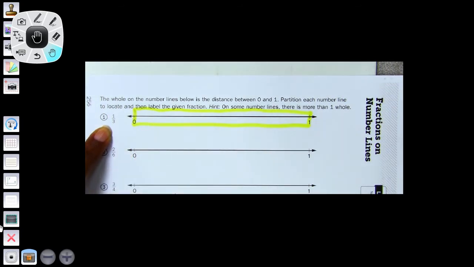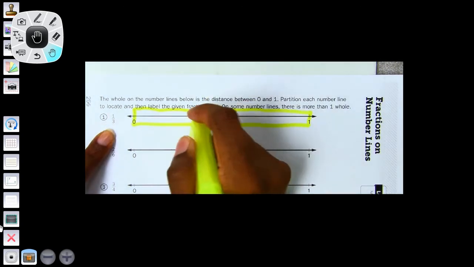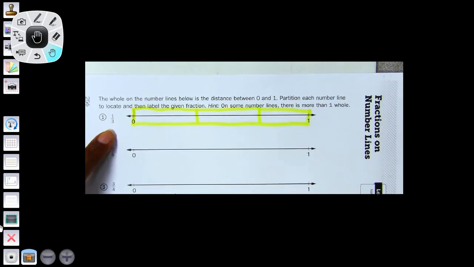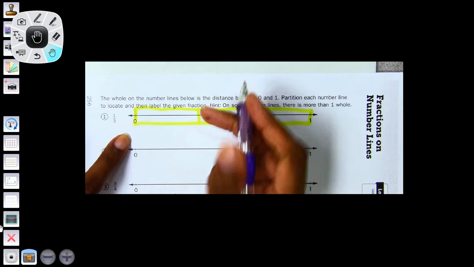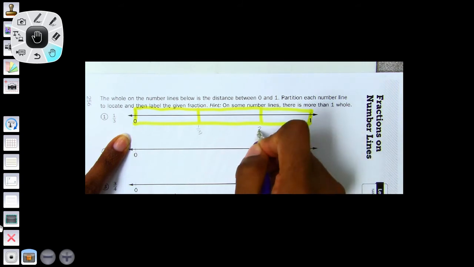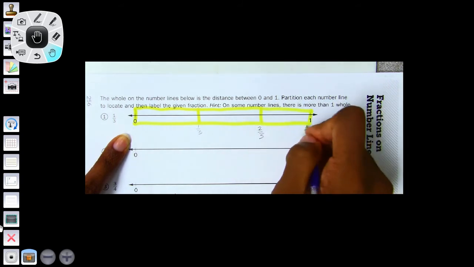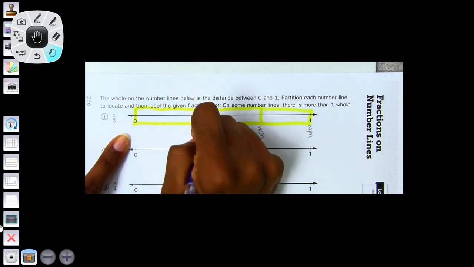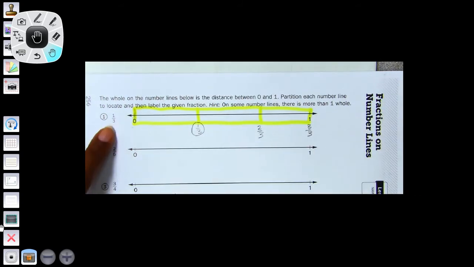So I need to come off center to create 3 parts. This first part from here to here would be 1/3. From here to here is 2/3, and then another piece put together is 3/3. So now I've located my 1/3 on the number line.